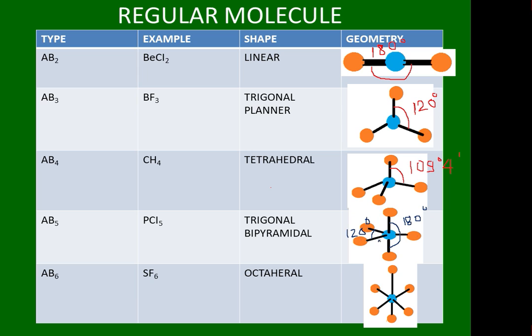There is another angle between axial and equatorial, that is 90 degrees. So basically, in trigonal bipyramidal, there are three different kinds of angles: one between equatorial, one between axial, and one between equatorial and axial.